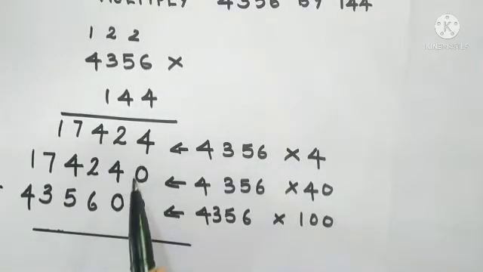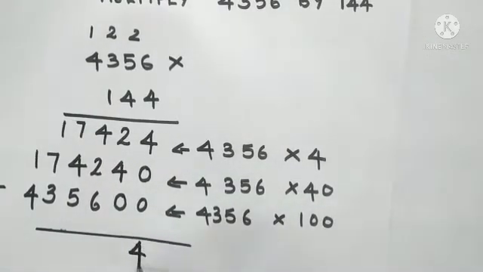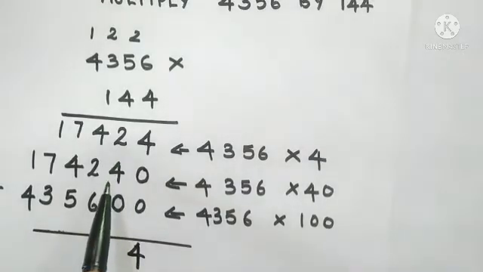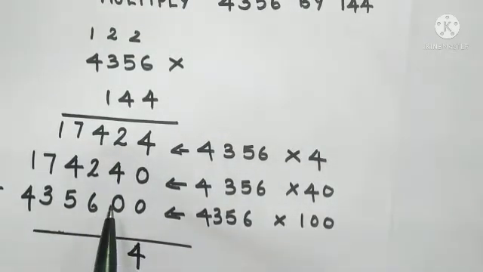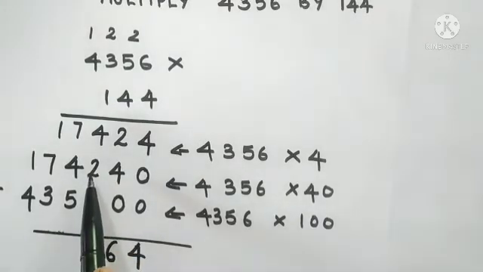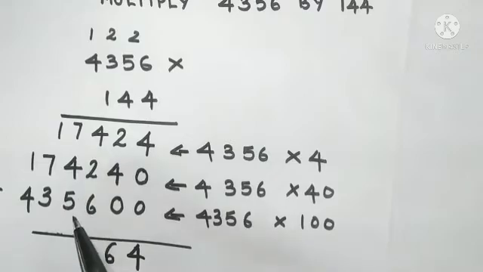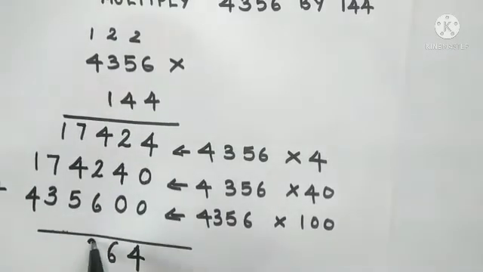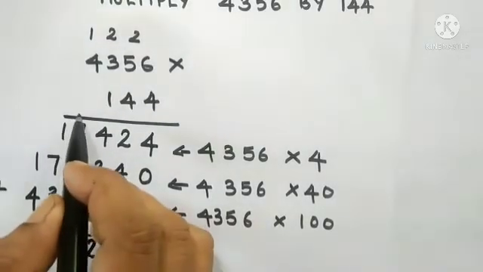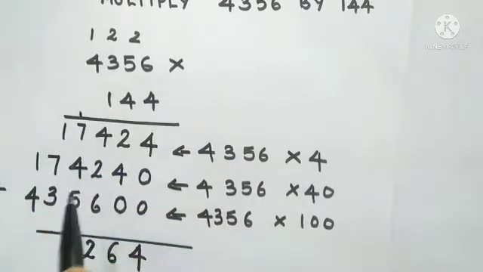Okay. 4 plus 0 plus 0, 4. 2 plus 4, 6 plus 0, 6. 4 plus 2, 6 plus 6. What is 6 plus 6 or 6 into 2? 12. Then 1 is remaining there. 7 plus 1, 8.